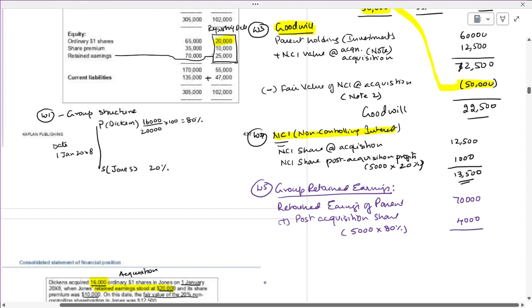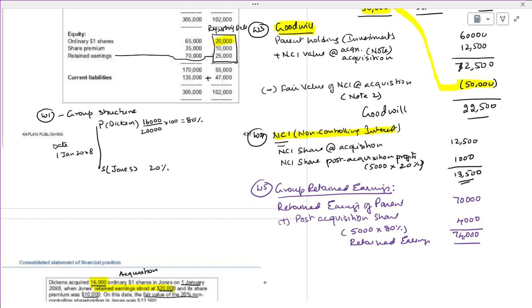So the retained earnings will be 74,000. That's all. 1, 2, 3, 4, 5.